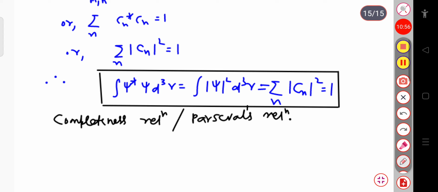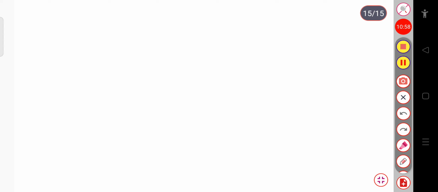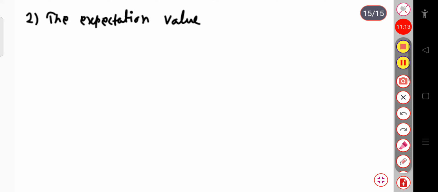Okay. Now the next significance is the expectation value of q cap, that is the operator q cap, in the state function psi.